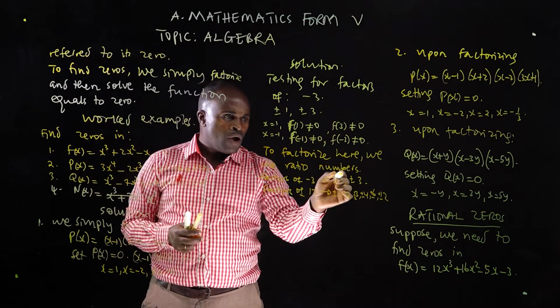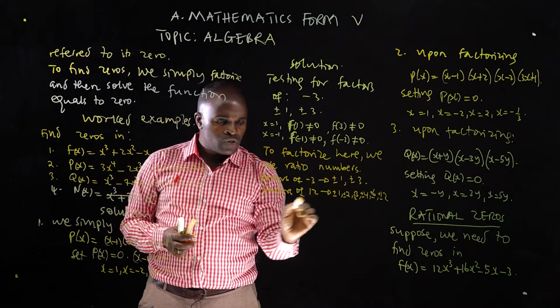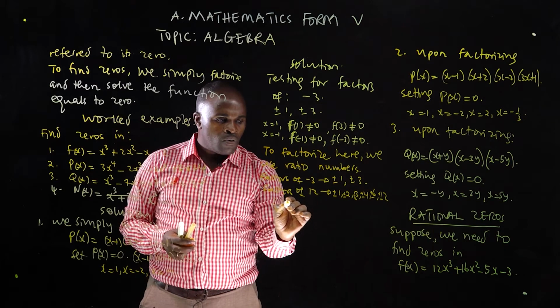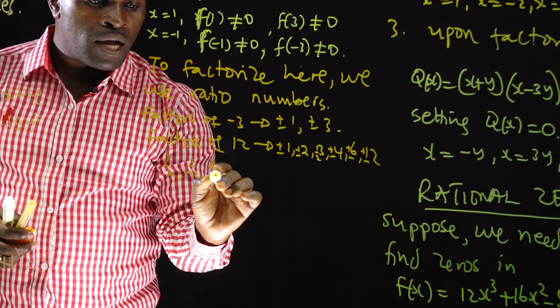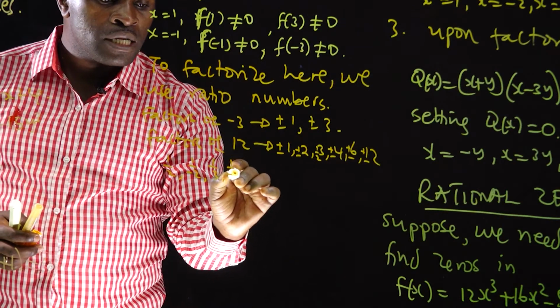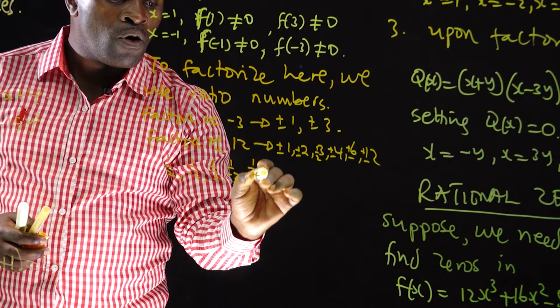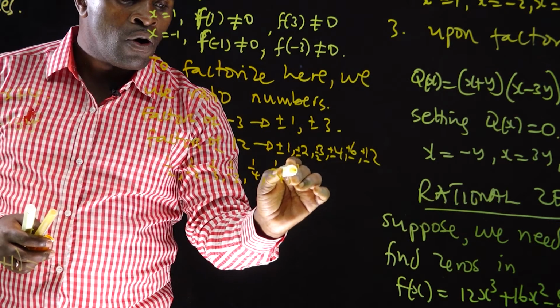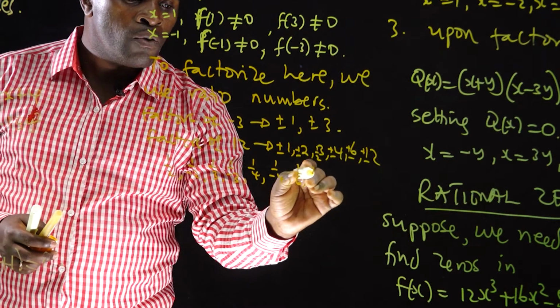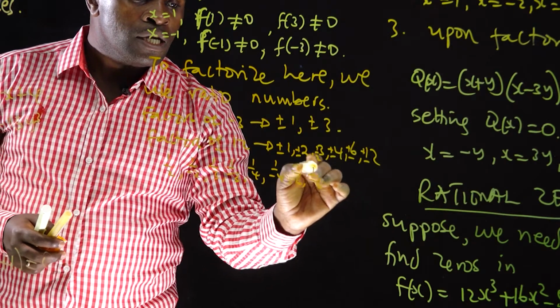So you start testing. 1 over 1 does not work. 1 over 2, 1 over negative 2, 1 over 3, 1 over negative 3, 1 over 4, 1 over negative 4, 1 over 6, 1 over negative 6. It keeps on going.